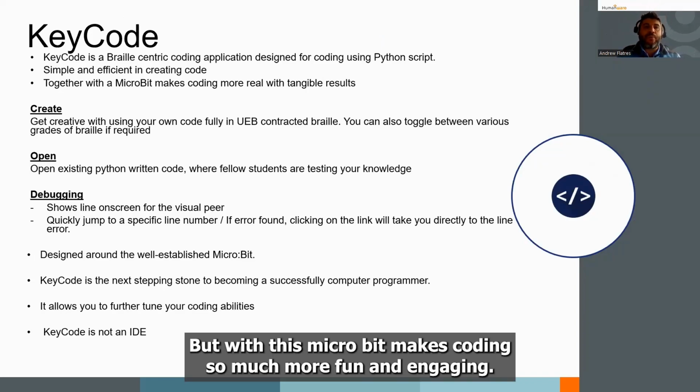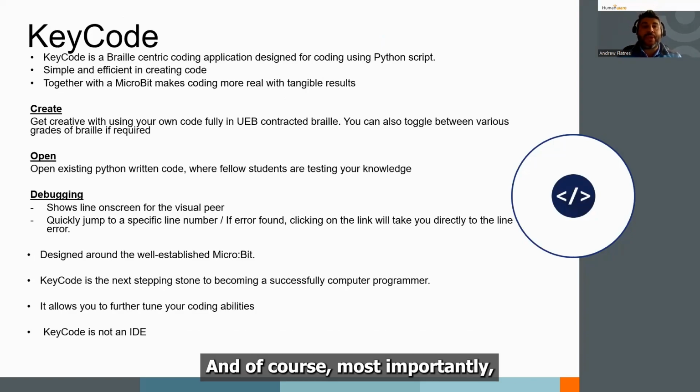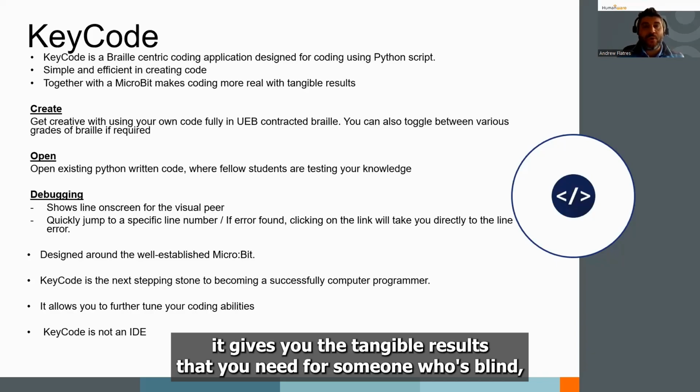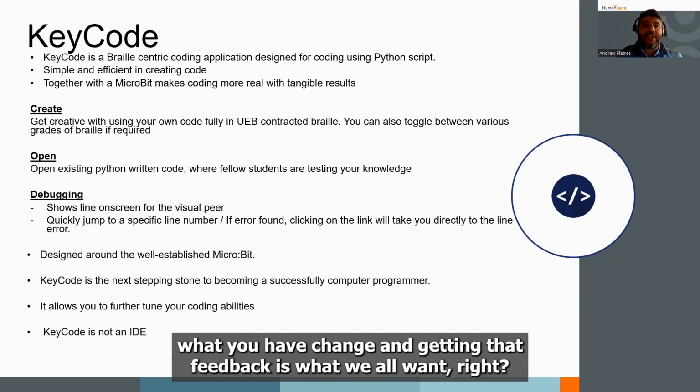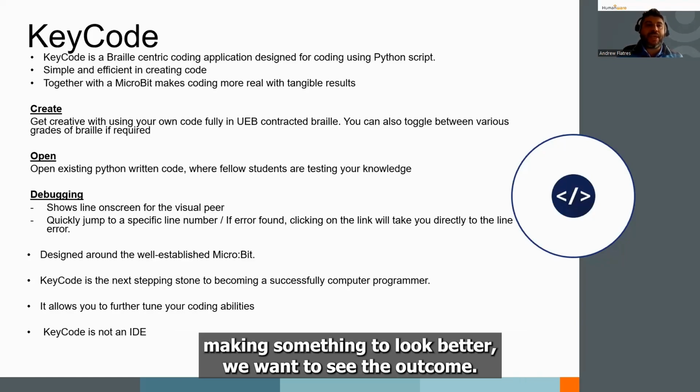But with this micro:bit, it makes coding so much more fun and engaging. And most importantly, it gives you the tangible results that you need for someone who's blind. Having something that you've just changed, knowing what you have changed, and getting that feedback is what we all want, right? When we want to change something, make something look better, we want to see the outcome.